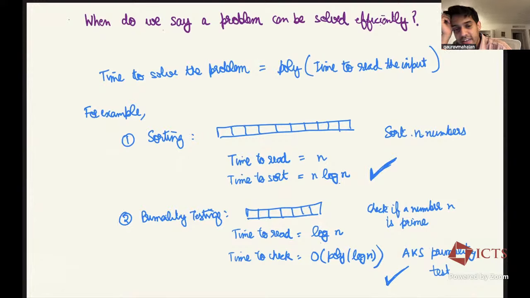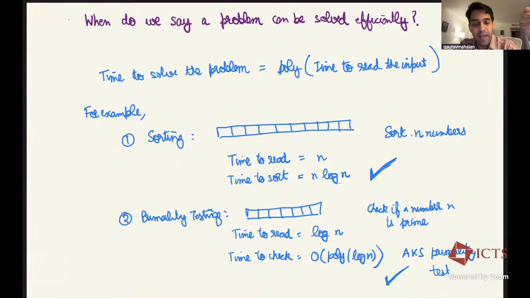And then we'll consider it efficient if the time to sort is less than some kind of polynomial in n. And we know we have an n log n algorithm, or at best it takes n squared, so we can always do sorting efficiently.